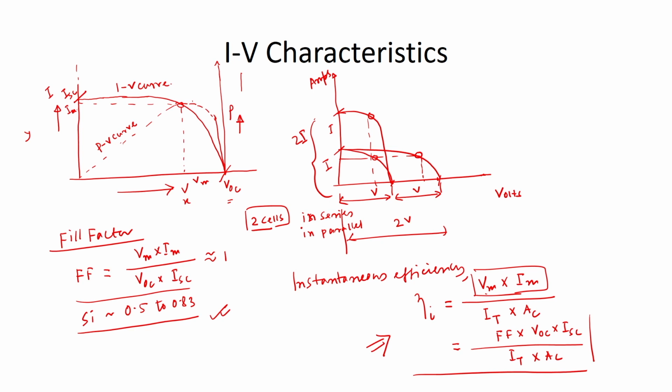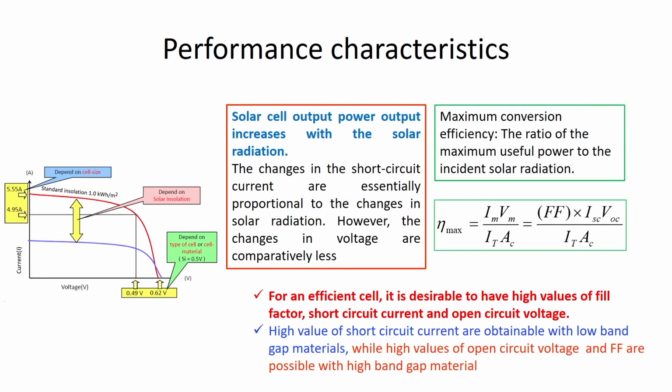Now, let us move to the equivalent circuit diagram of a solar cell. Before we move to the equivalent circuit diagram, let us also see how this current, which is generated when solar radiation falls on a solar cell, is sensitive to the size of the cell and the solar radiation.